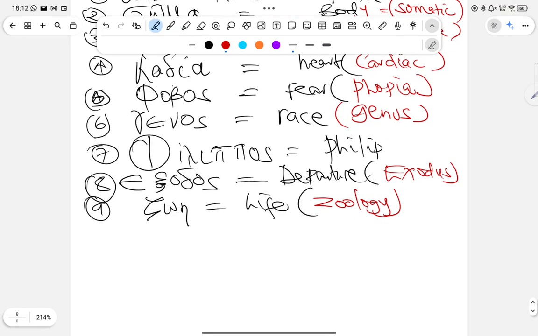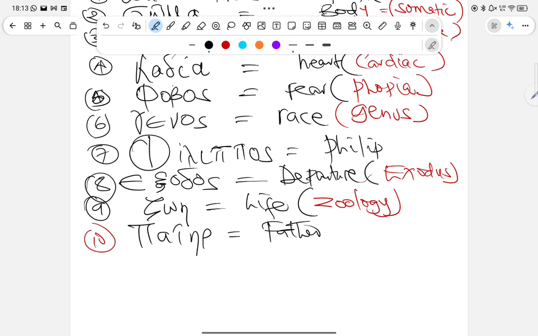Number 10 is pater. Pater, which is father, and think of paternal. Paternal from pater. 11, think of gune.